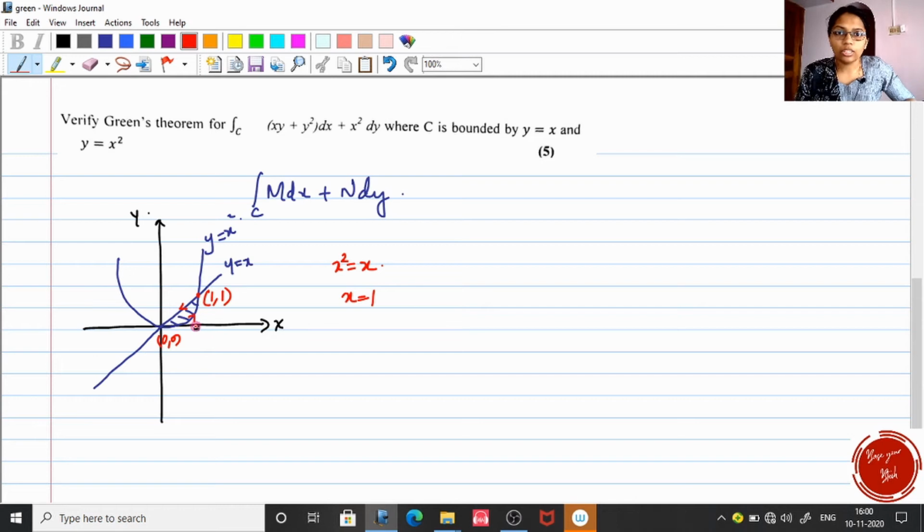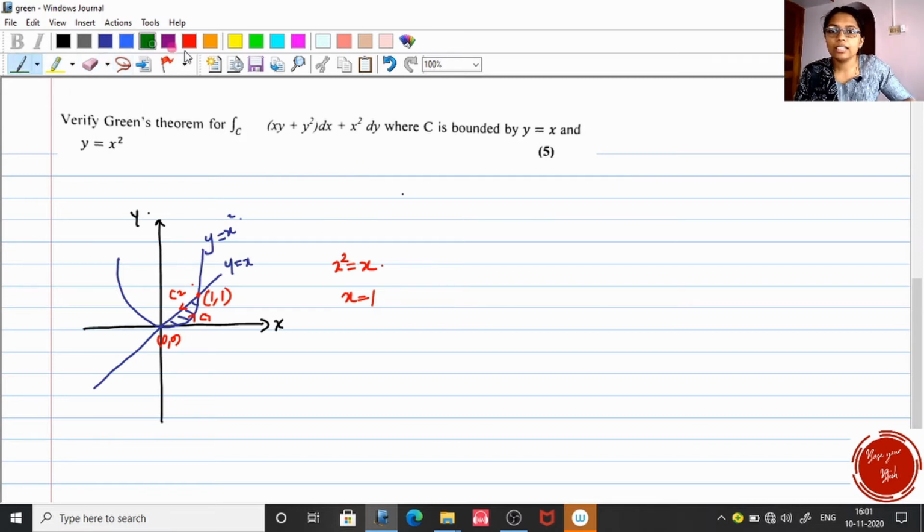So there are two curves, isn't it? Let's mark them as C1 and C2. C1 starts from the origin to this point and C2 goes from (1, 1) to (0, 0). This question is to verify Green's theorem. So what was Green's theorem?